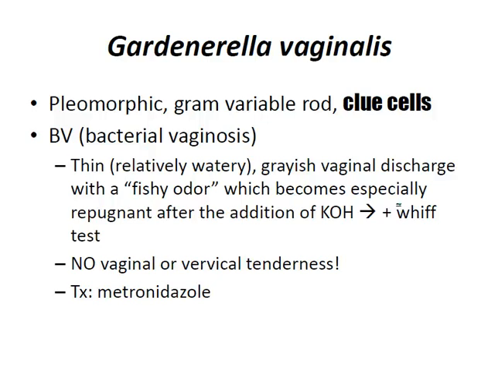Gardnerella vaginalis. She is a pleomorphic gram-variable rod with clue cells. Clue cells are epithelial cells with adherent bacteria on light microscopy.